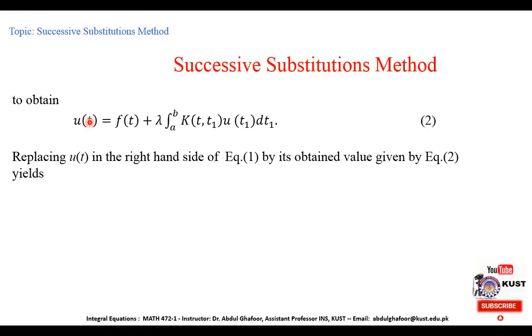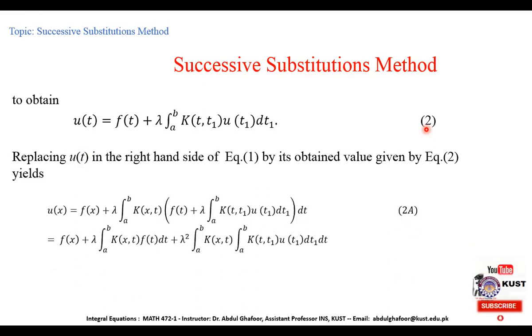where you can see that this equation 2 is basically equation 1, just with x equal to t and t equal to t1. Now you saw in the previous slide that this u(t) was under the integral sign in equation 1, so replacing this u(t) in the right hand side of equation 1 by its obtained value in equation 2, we get equation 2a, and this equation 2a is basically equation 1, just with u(t) substituted by this expression.